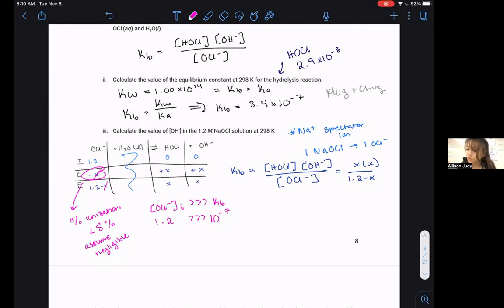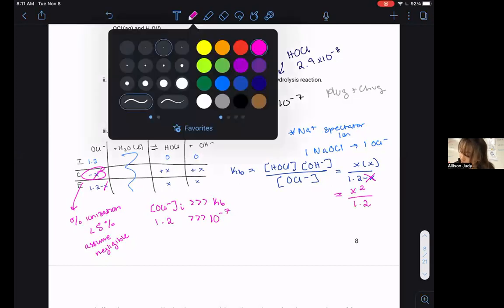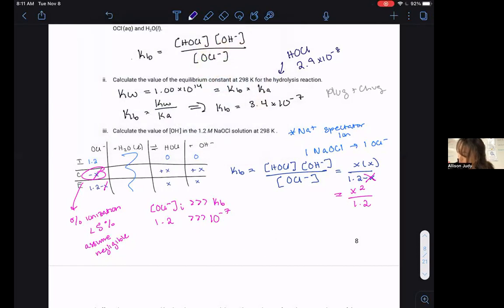So what happens is we assume negligible, and what this becomes really is x squared, using that 5% ionization negligibility rule, over 1.2. And that is equal to, from your work above where we found Kb, 3.4 times 10 to the negative 7.